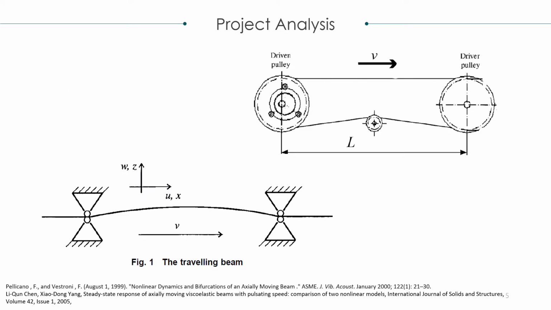Let's first characterize and simplify the model. The belt will be modeled as an axially moving beam, which is simply supported. This model of an Euler beam is based on the model developed in "Nonlinear dynamics and bifurcations of an axially moving beam" by Pellicano and Vestroni. A more mathematical formulation of the dynamics of the belt will follow shortly.